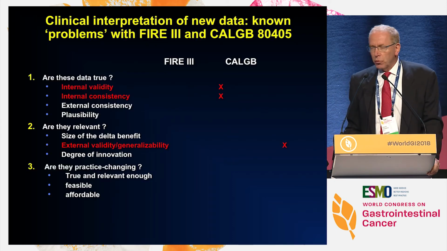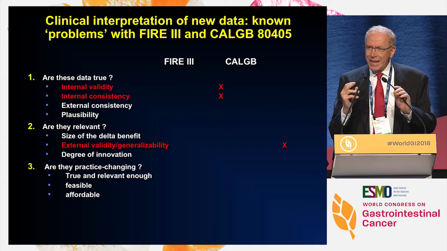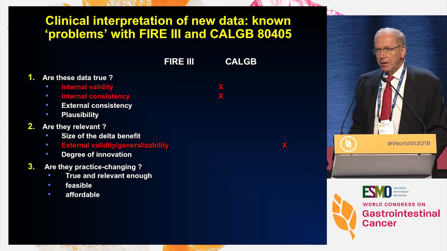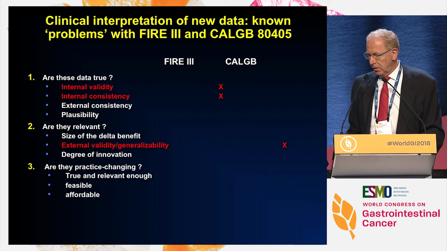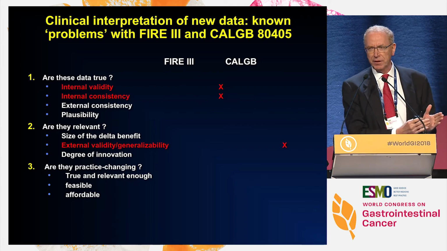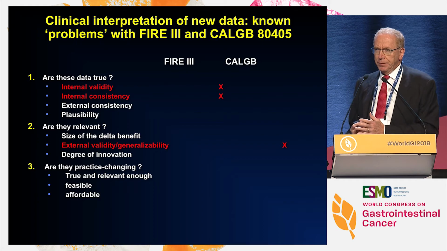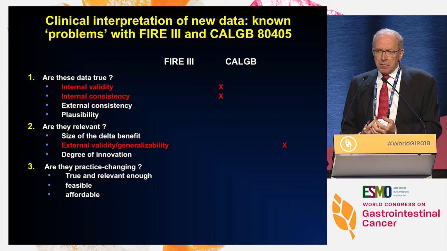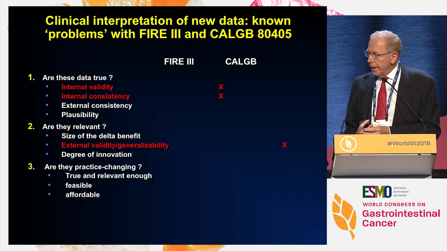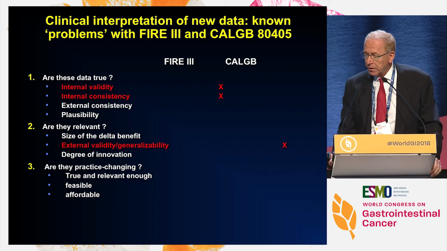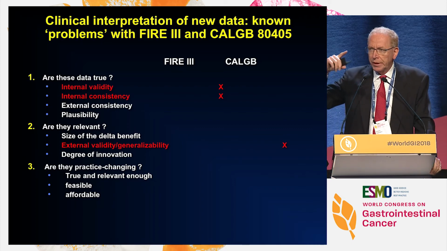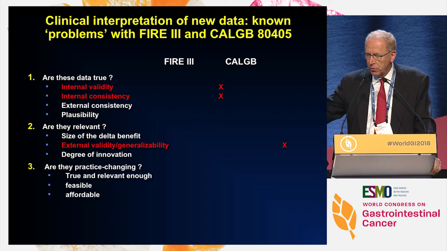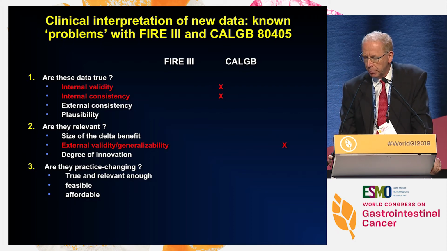Now, we have a good example of a lack of external validity that impairs the possibility of saying these data are relevant. And that is the competitor of the FIRE-3 study, that is the CALGB 80405. That trial that was published in JAMA satisfied all the parameters for, if the data are true, internal validity, consistency, external consistency, and plausibility.